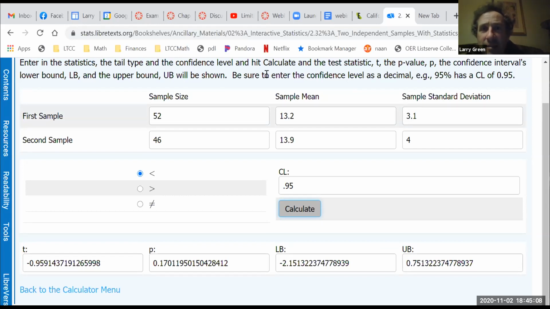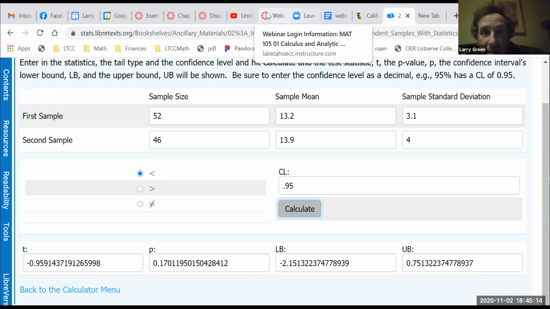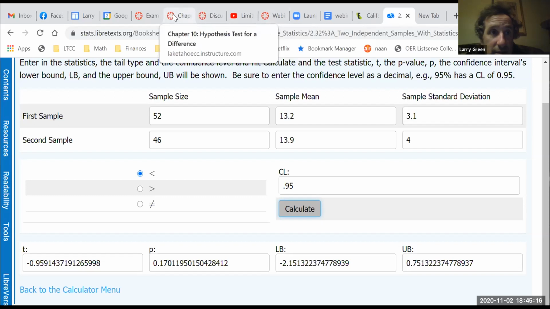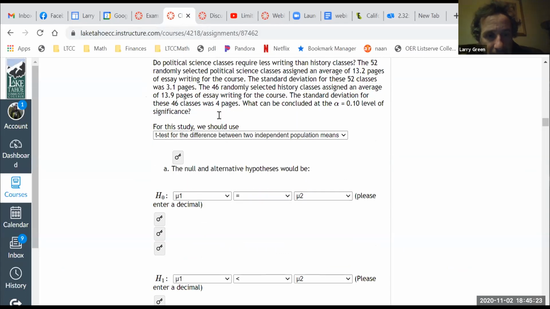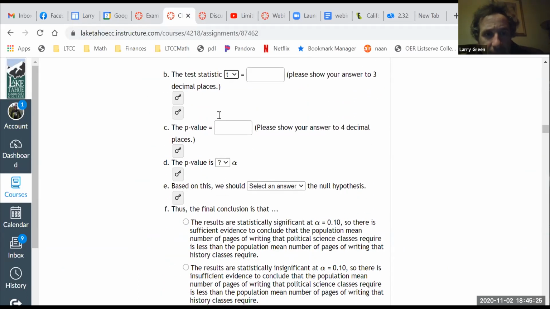Okay, so now let's take a look at the question again. There we go. So our test statistic was 0.95914.